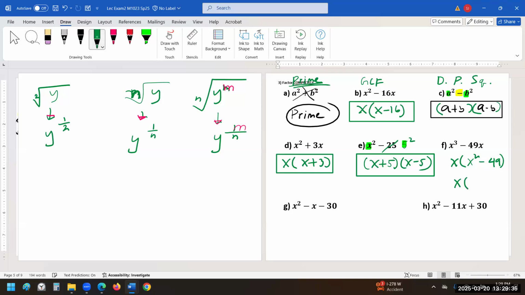So that means you have to go further. x plus 7, x minus 7. So either it's a single rule or it's both of them together, GCF and perfect squares. Just because you apply one rule doesn't mean you're done. You have to see, can you factor more? If you can, you have to go further.